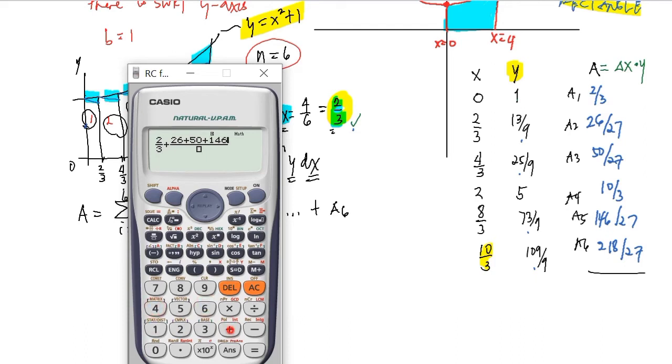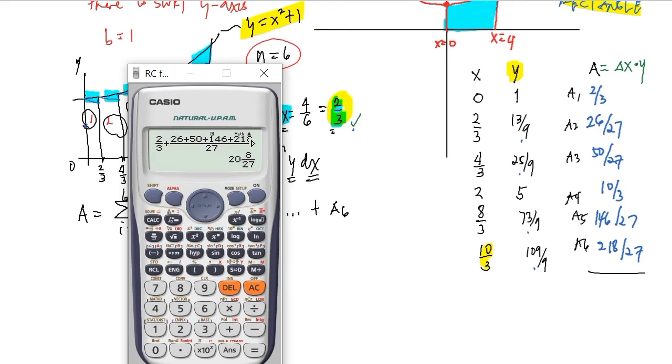Plus 146 plus 218 over 27 plus 10/3. And our answer here is 548/27. So, kung gagawin natin tong decimal, that's 20.3 or that is 20 and 8/27. Yun yung nakasulat sa module natin.